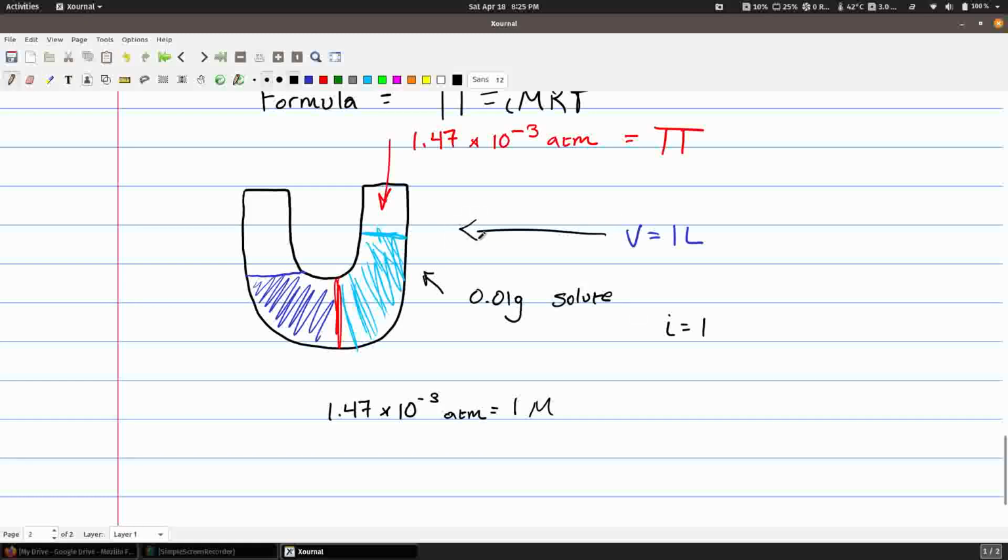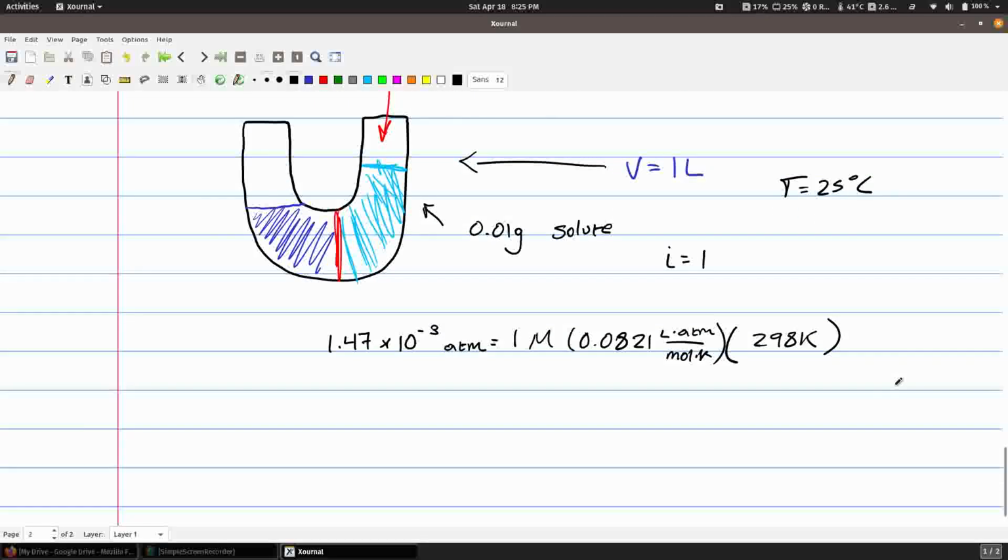So we have i times M times 0.0821 liters times atmospheres over moles times kelvin, times the temperature. And the temperature is 25 degrees Celsius, which would be 298 kelvins.